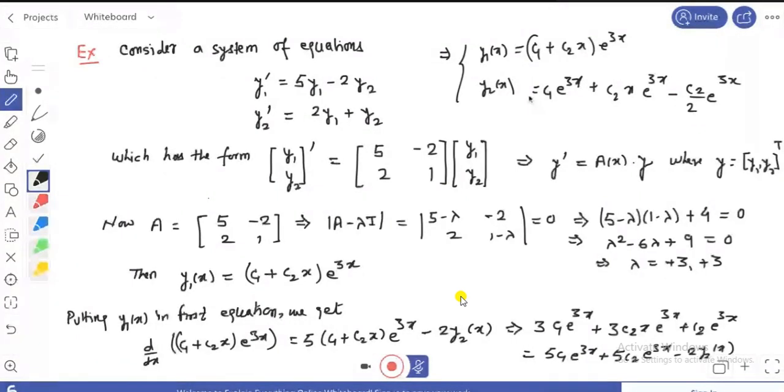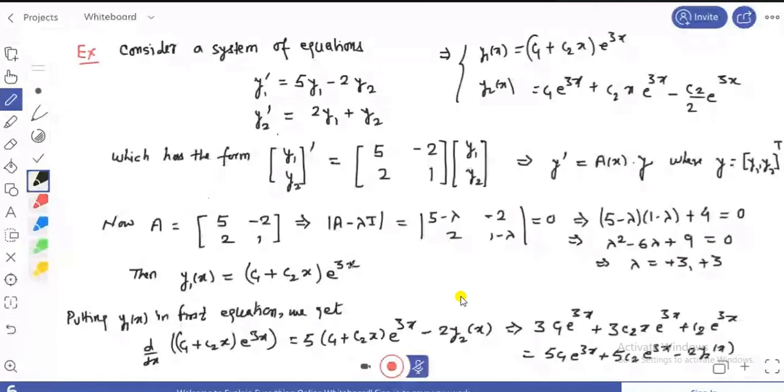If we divide it by 2, this is your final solution where you can find y1(x) and y2(x). Similarly, suppose there is a system of equations in which y1 prime, y2 prime, and y3 prime are functions of y1, y2, and y3. In that sense, you obtain a matrix in the form y prime equals this thing, and try to find the eigenvalues, and then your first solution y1(x) is in that form, depending on the roots of the eigenvalues.